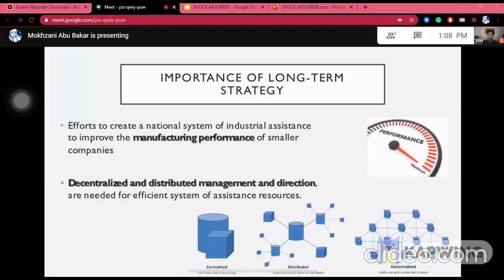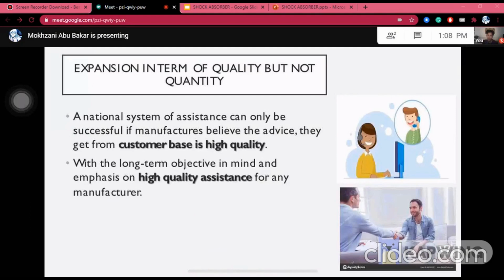Decentralized and distributed management and direction are needed for efficient use of existing resources, and expansion of income of quality but not quantity. A national system of assistance can only be successful if manufacturers believe the advice they get from the customer base is of high quality, with the long-term objective in mind and emphasis on high quality assistance for any manufacturer.